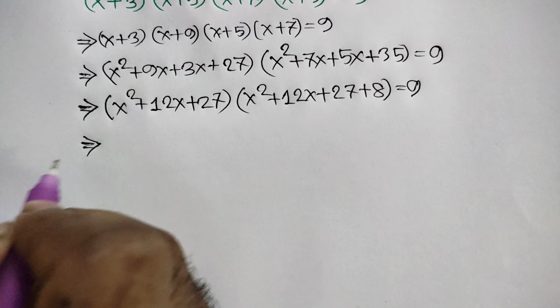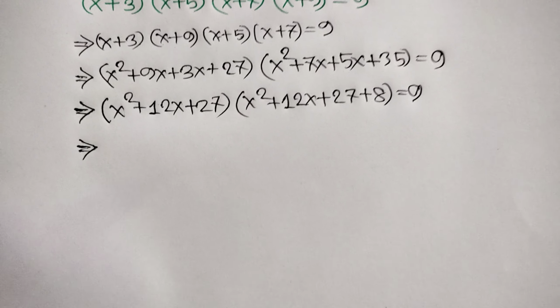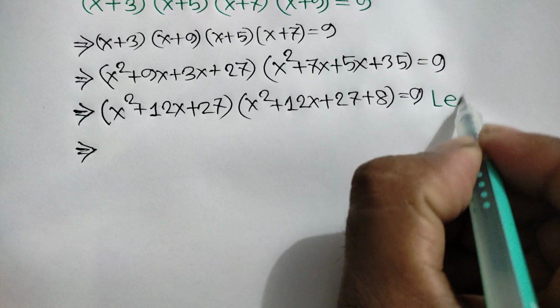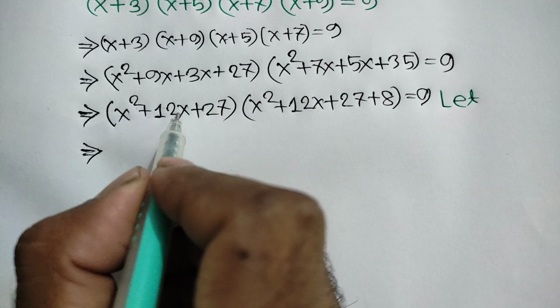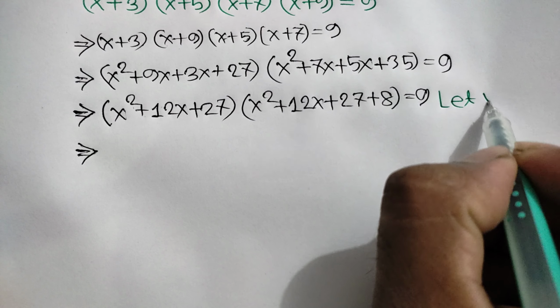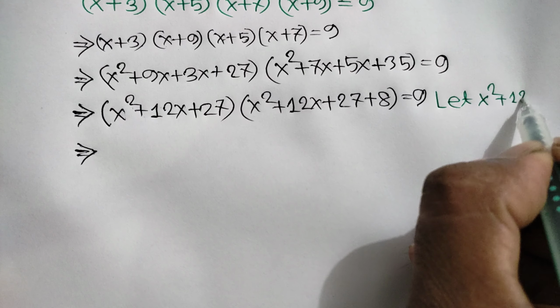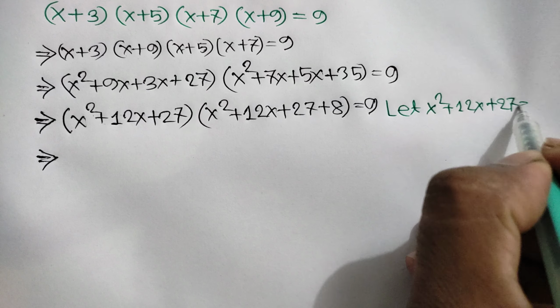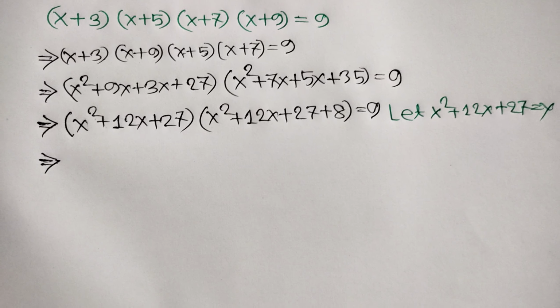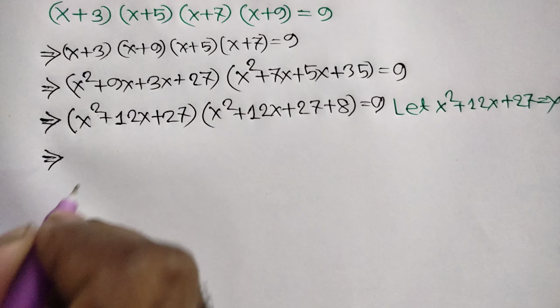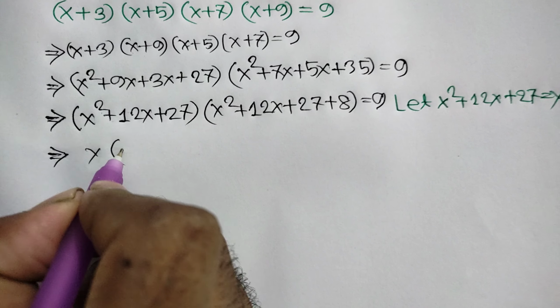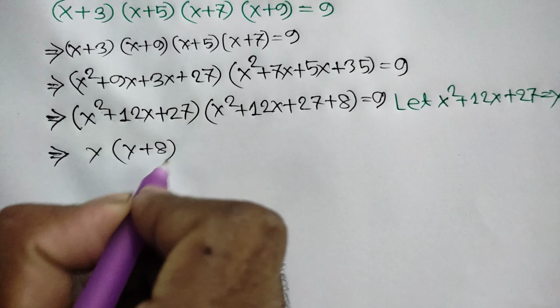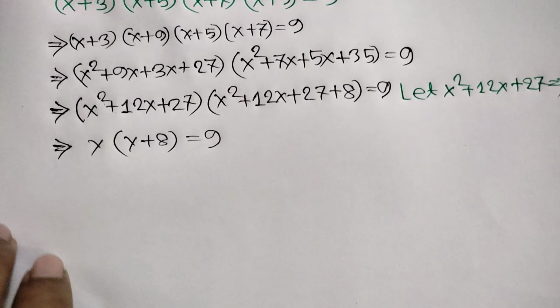Now let x square plus 12x plus 27 be equal to y. So we will get y times (y plus 8) is equal to 9.